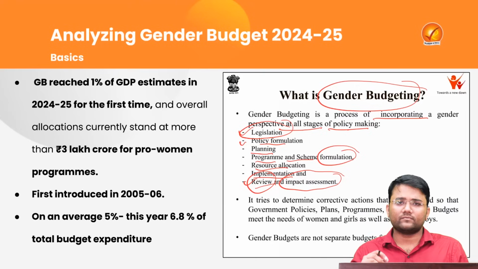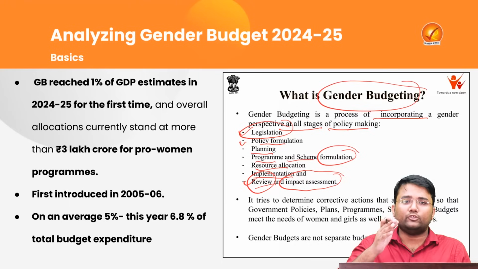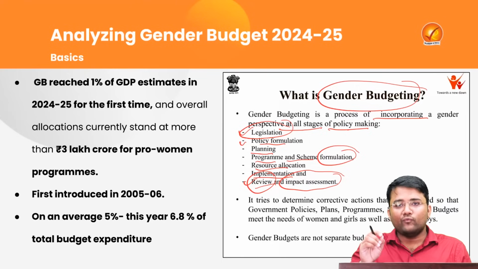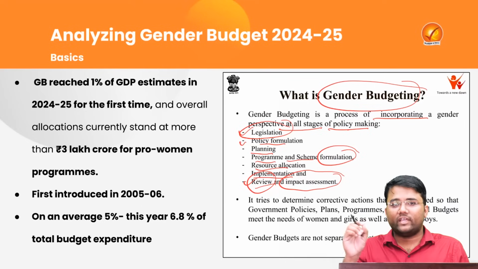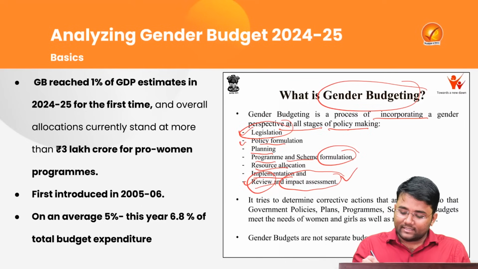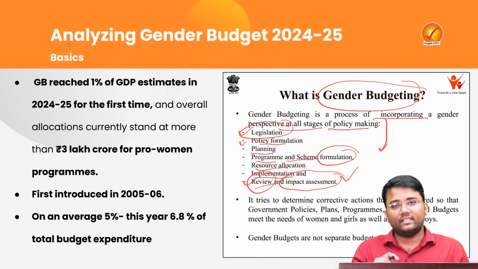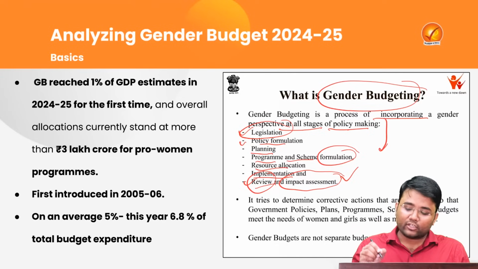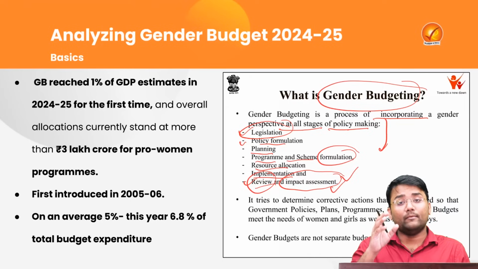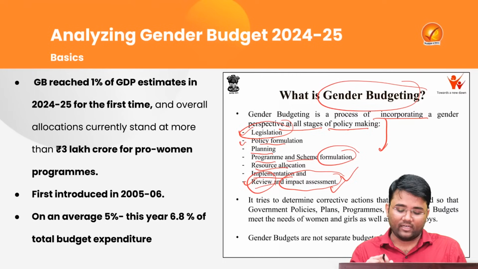For example, if there is a scheme for the health sector, particularly to address the issues of women, has that scheme helped in improving some social sector outcomes like improving the maternal mortality rate, reducing the incidence of anemia in women? So that is the impact assessment. So if we are talking about gender budgeting, the impact of this gender budgeting is also seen while assessing the impact of that particular scheme or program.